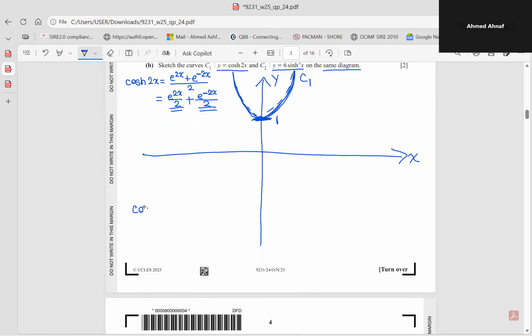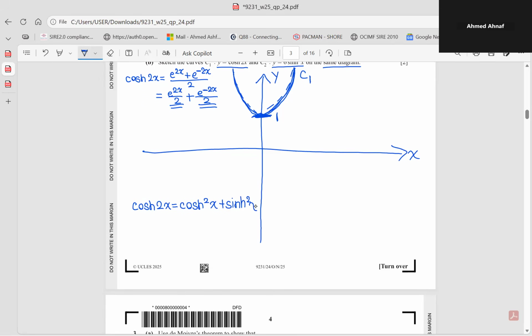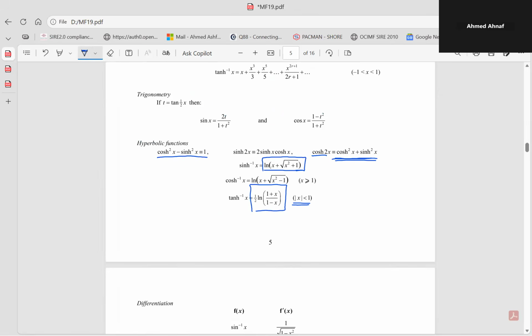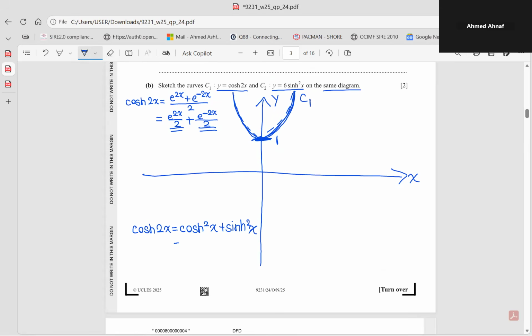So to only get sine square x, we're going to substitute the cos square x for sine square. So doing that, you just get 1 plus sine square. Therefore, this can also be equal to 1 plus 2 sine square x.